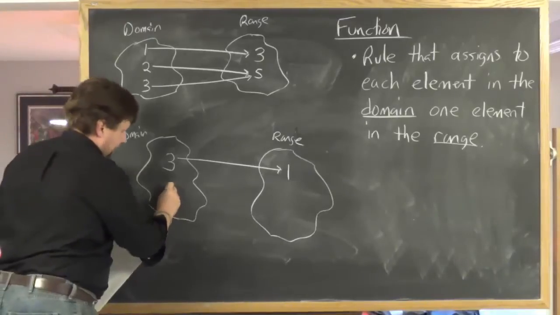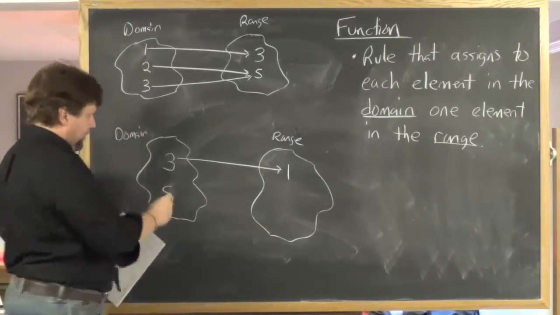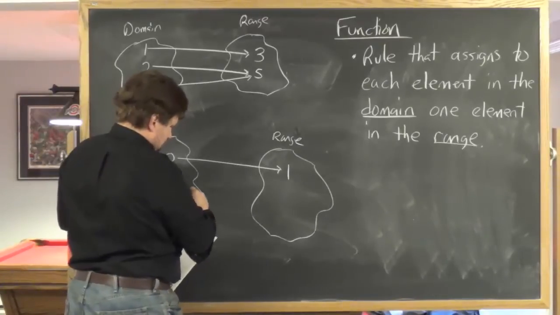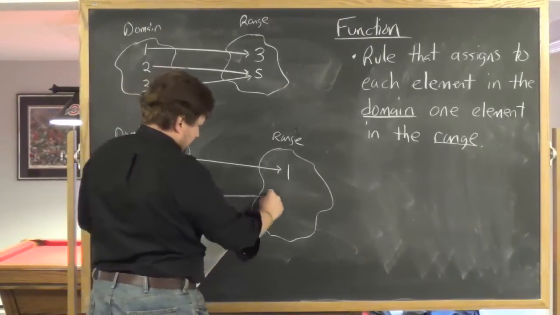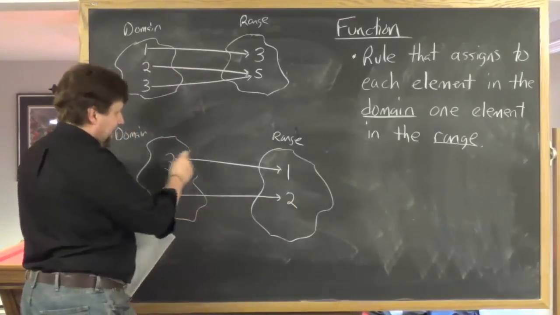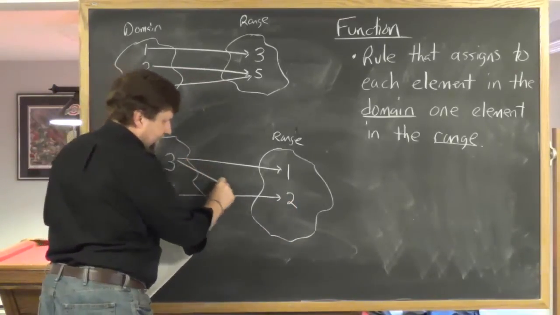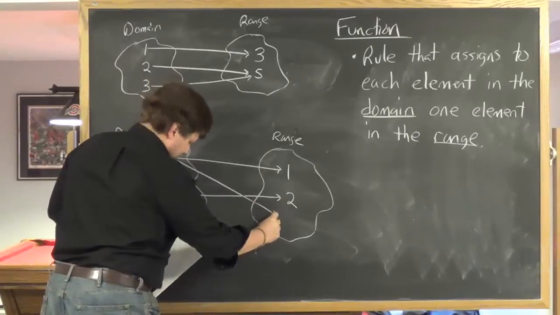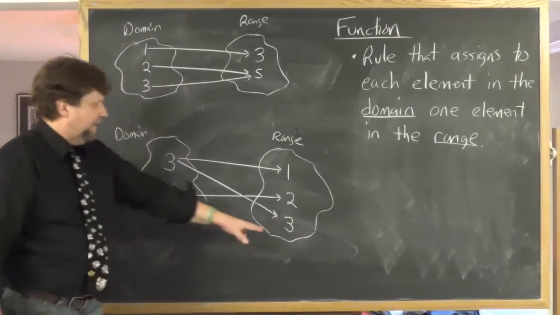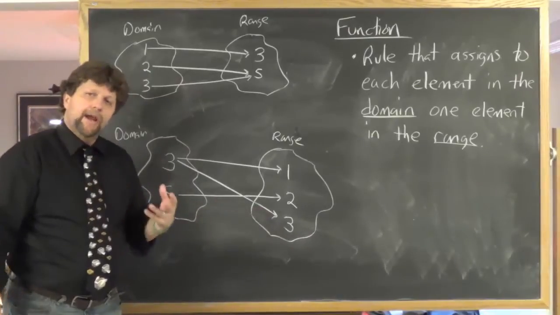Let's say it's picking up the number 5 from the domain and sending it to the number 2. Well, let's say, just for the sake of argument, that this number 3 that's in the domain also gets sent to the number 3 in the range.